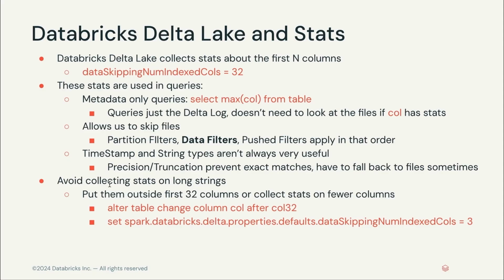You'll also want to avoid collecting stats on any long strings or columns that may contain long strings. We want to put them outside that first 32 columns, or we can also just change the defaults, the data skipping number of index columns, to exclude any of those columns that may contain long strings.